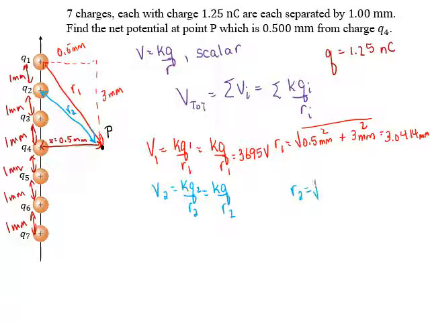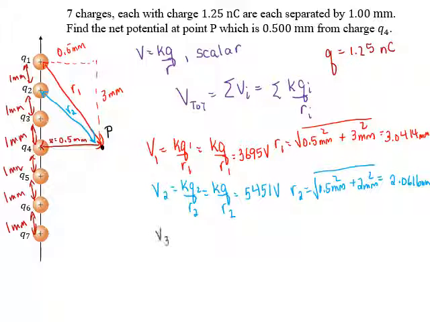So my R2 is the square root of 0.5 millimeters squared plus 2 millimeters squared. This charge is a little bit closer, so we're thinking the potential is going to be a bit bigger. My R value is 2.0616 millimeters, and that gives me a potential 8.99 times 10 to the 9 times 1.25 times 10 to the minus 9 divided by 2.0616 times 10 to the minus 3 gives me a potential of 5,451 volts. Okay, let's do 3 next.